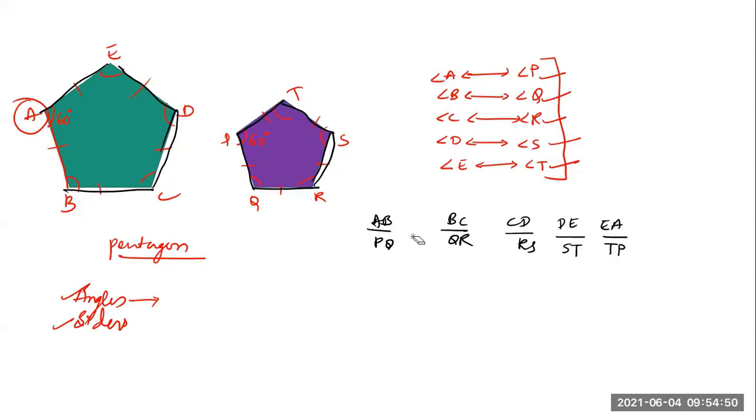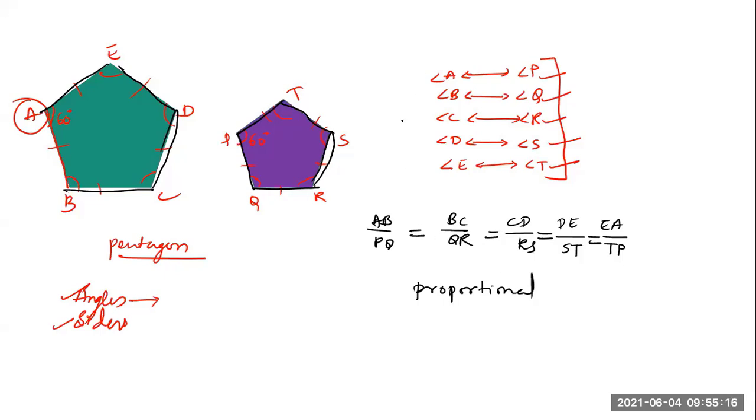If these ratios are equal, then we call the corresponding sides as being in equal ratio, or you can say they are proportional. If two ratios are equal, that we call proportional.